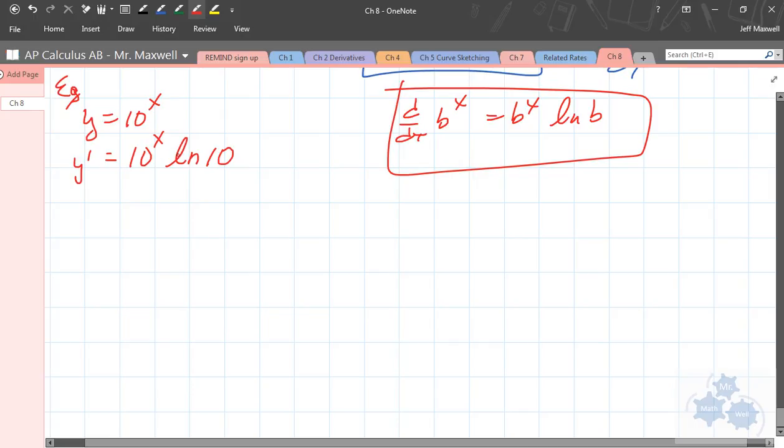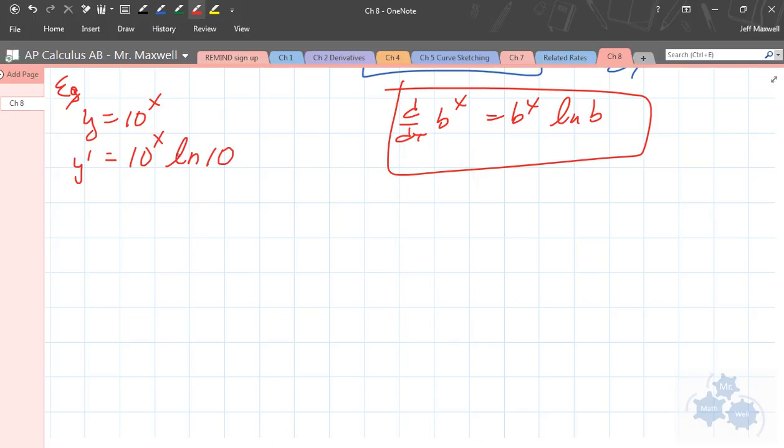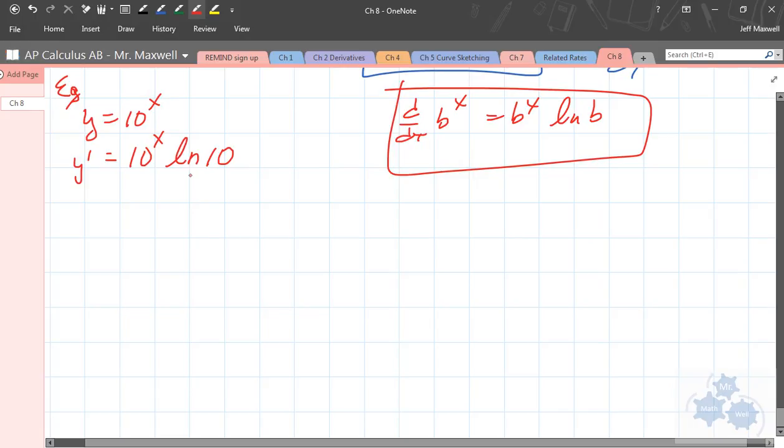Okay, should be done. Straightforward. So the derivative of 10 to the x is 10 to the x times ln of whatever the base is. Got it? That's all you need to put. Now, ln of 10 would actually be a number you can calculate, but it would be a long decimal number, so it's best to leave it as ln of 10.